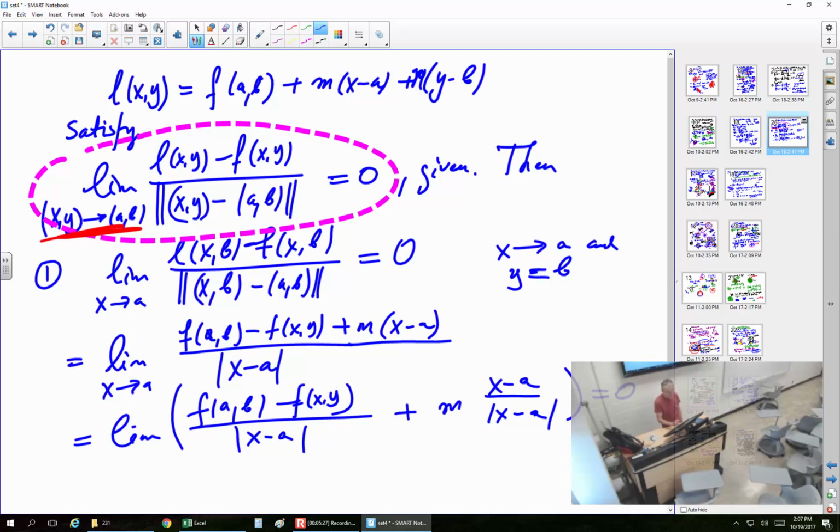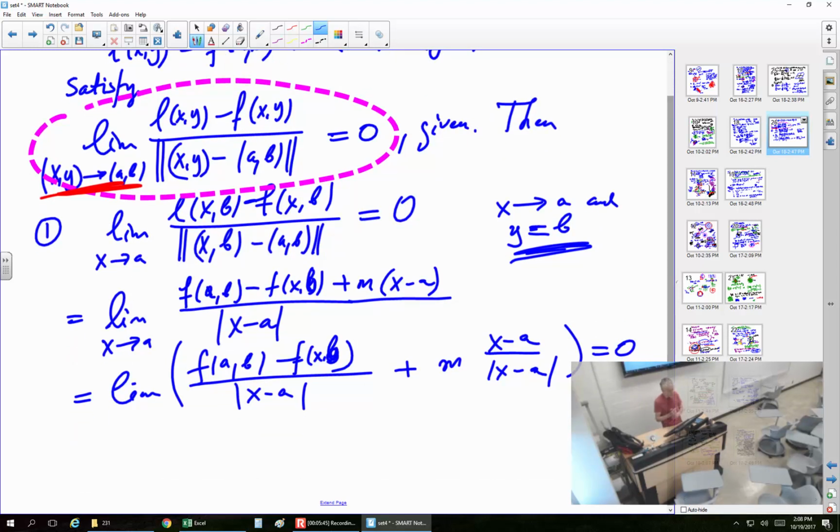In other words, I'm sorry, this is not (x,y) but (x,b) over here. So once again, y is fixed at b, and we're approaching along the x-axis. So then indeed everything has been fixed on the y-axis, and only along the x-axis we have something changing.